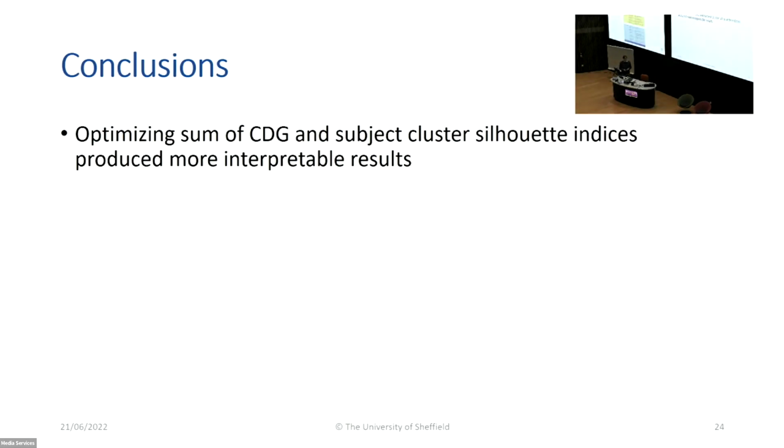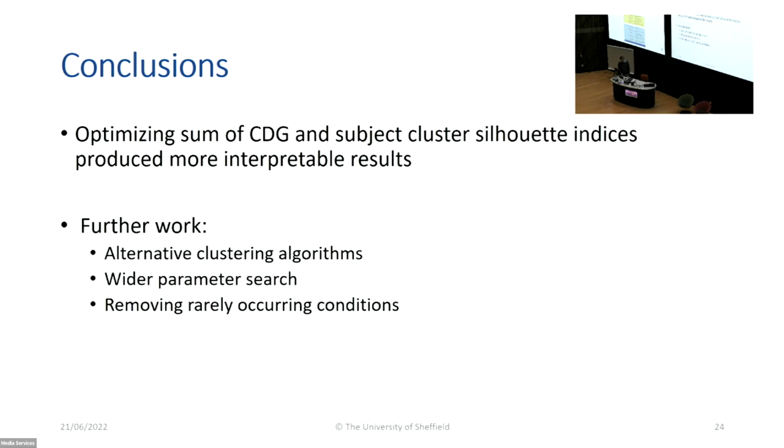We tested the pipeline by first splitting the optimization and first maximizing the silhouette index of the disease groups, but we found that doing the optimization simultaneously produced more understandable and interpretable results. Further work includes testing the pipeline with alternative algorithms, conducting a wider parameter search, and dealing with the sparsity of the data set as well.